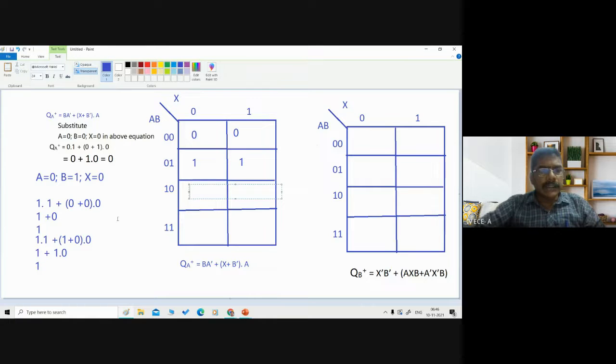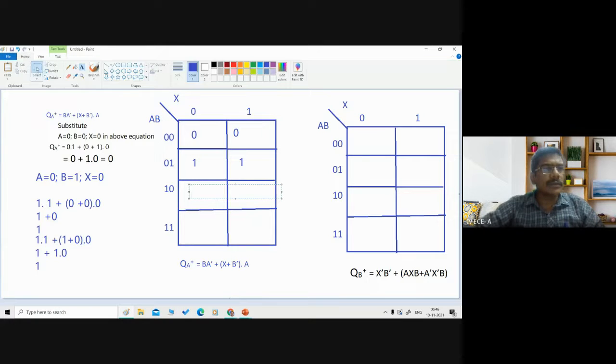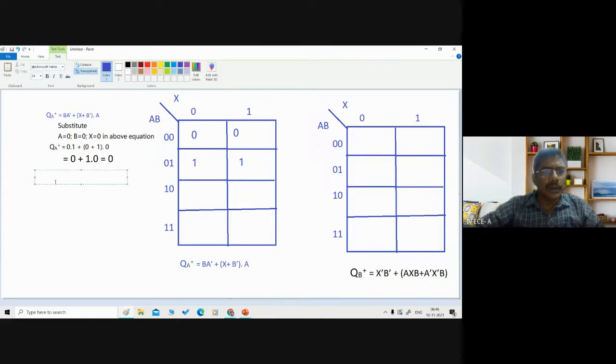And the next case, substitute the value A equal to 1, B equal to 0, X equal to 0. So substitute this value here. Q A plus equal to B into A dash. So B into A dash equal to 0.